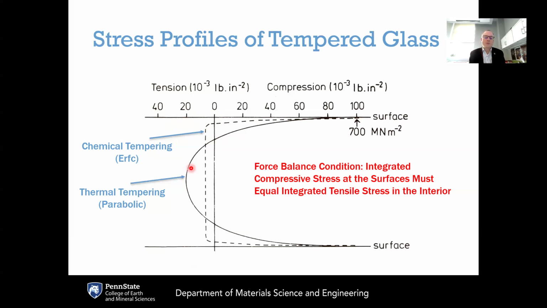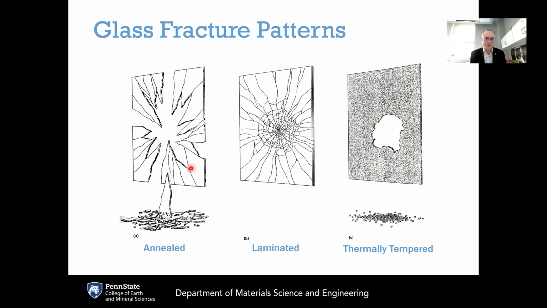So thermal tempering is especially useful for glasses that have high thermal expansion coefficients, such as soda-lime silicate glass, and it is especially useful for relatively thick pieces of glass, because with thick pieces of glass, you're able to set up a larger differential cooling between the interior and the exterior. As you go to thinner pieces of glass, that difference becomes less, and the amount of compressive stress that you can get from thermal tempering is compromised.